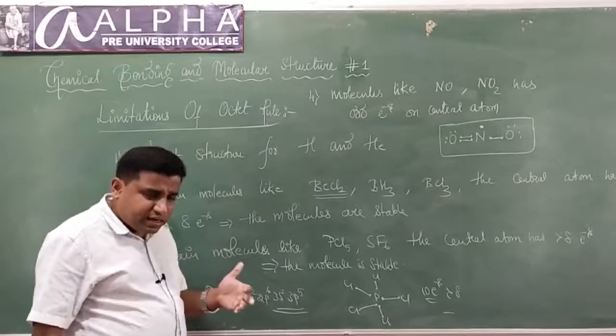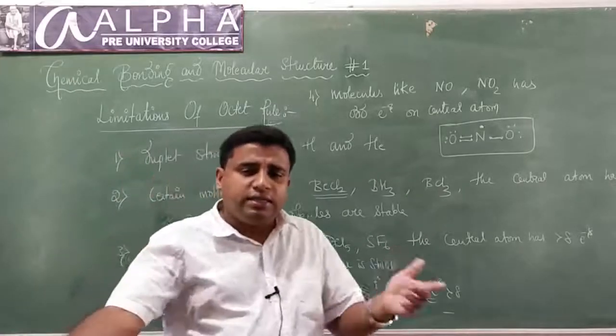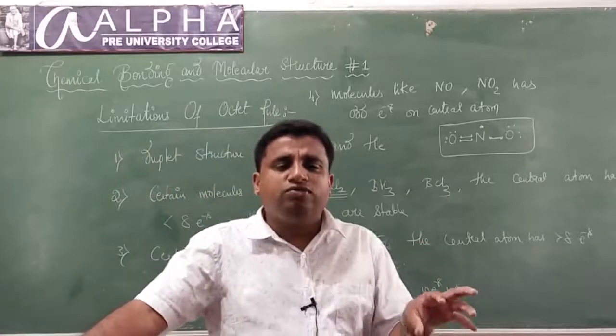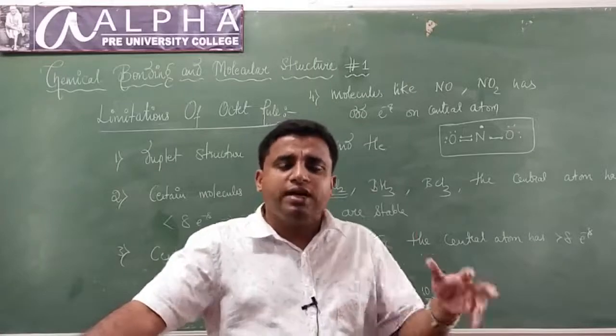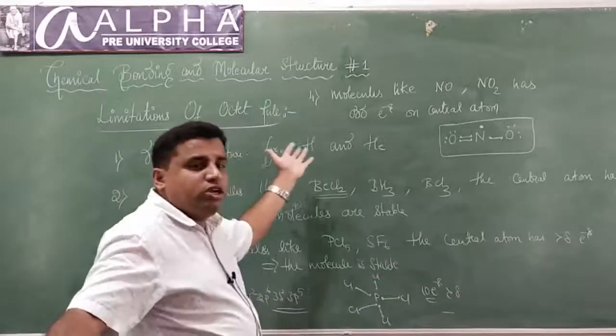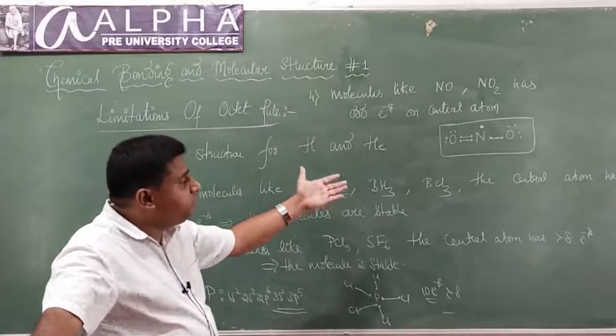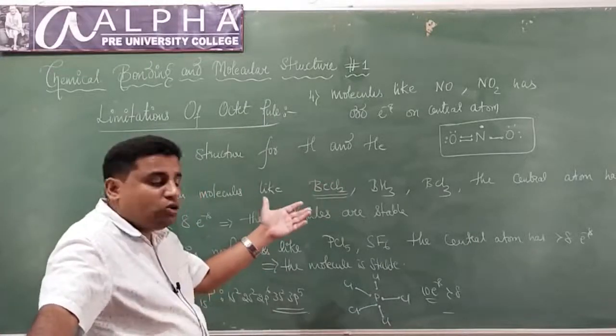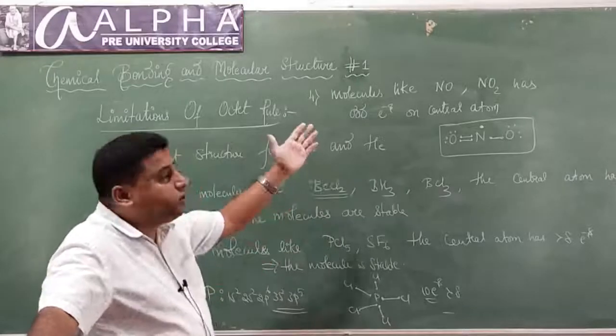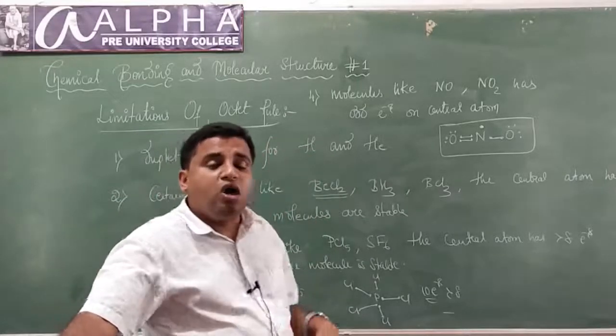So, as I said, 90% of the molecules will obey the octet rule, but certain molecules like the hydrogen molecule, helium atom, beryllium dichloride, BH3, BCl3, phosphorus pentachloride, sulfur hexafluoride, nitric oxide, and nitrogen dioxide do not obey the octet rule.